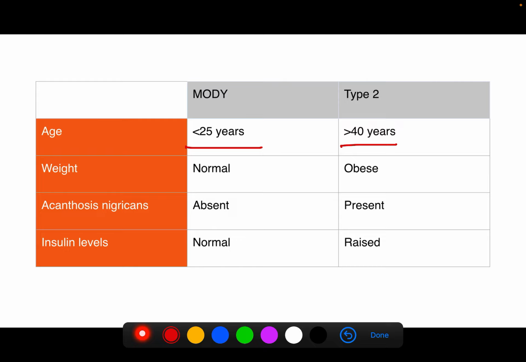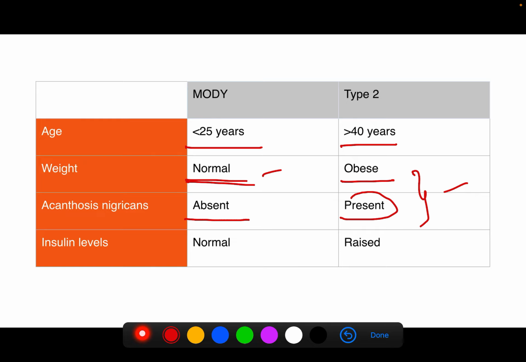More than 40 years, you should keep type 2 diabetes in mind. Then weight. Weight is normal in MODY. If there is an obese patient, the patient has acanthosis nigricans, then it's likely to be type 2 rather than MODY. But if the patient is lean, there is no acanthosis nigricans, then it's likely to be MODY.